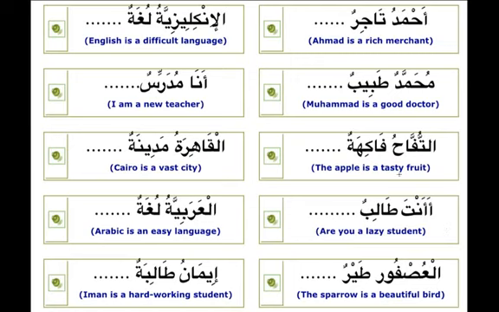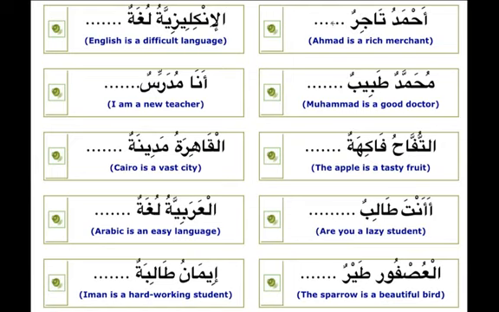So here we got some exercise where we need to bring naat. Ahmadu tajirun. Here we need to decide what type of naat we need to use in the blue. We are trying to say Ahmad is a rich merchant. Rich means ghaniyun. So we have to match the status, number, gender, type here.